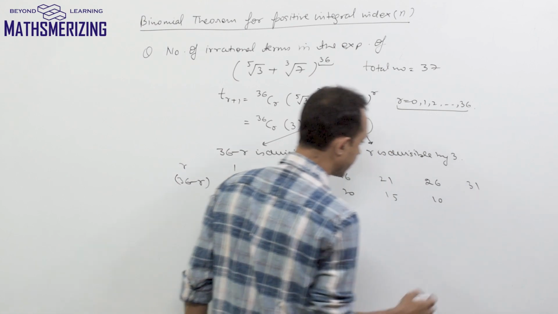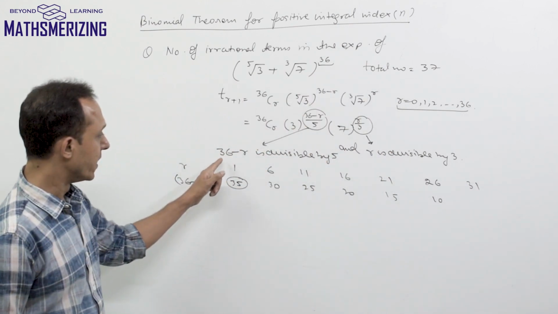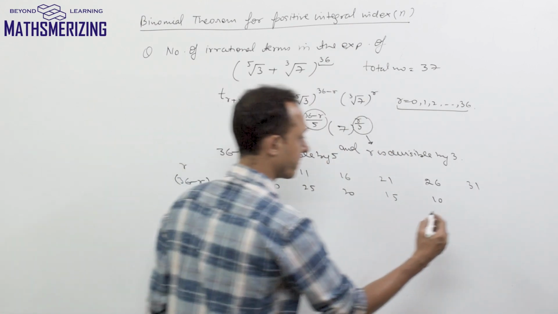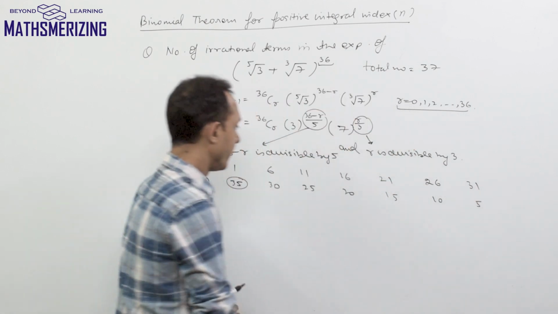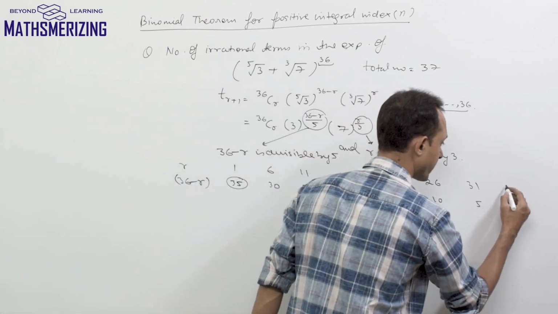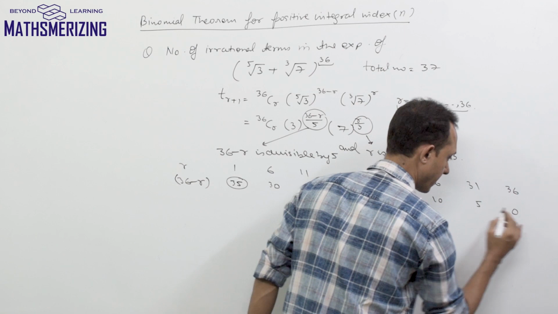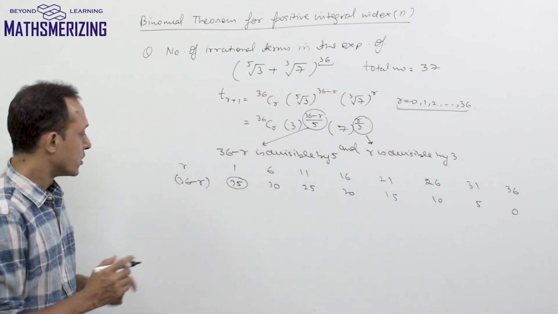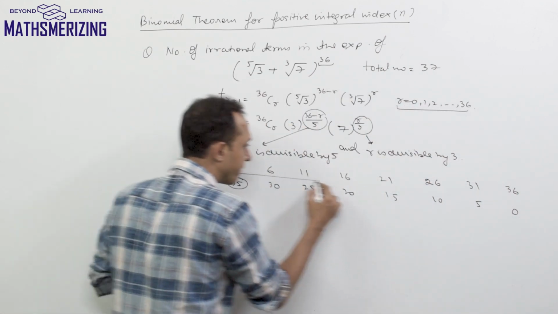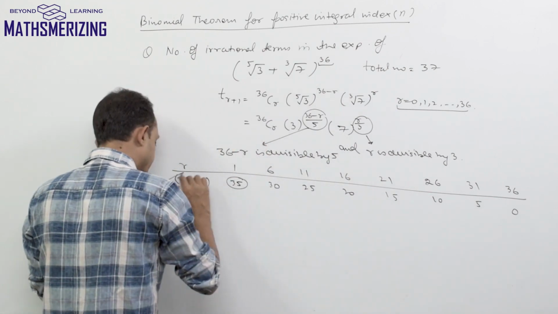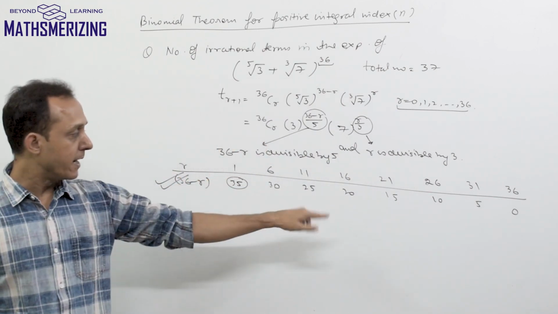And if I put r as 31, I'll get 5. And then if I put r as 36, I'll get 0. So for all these values of r, 36 minus r is divisible by 5.